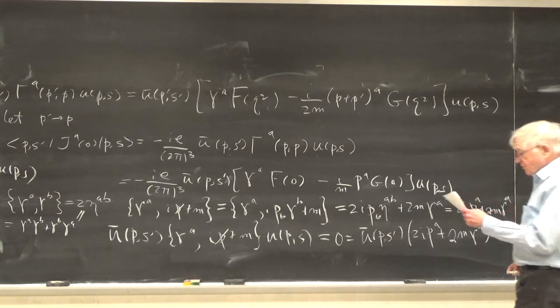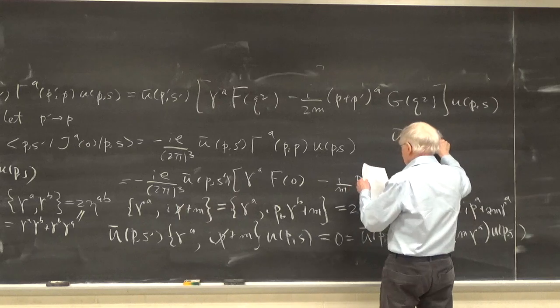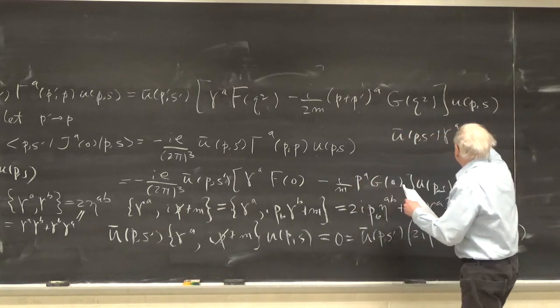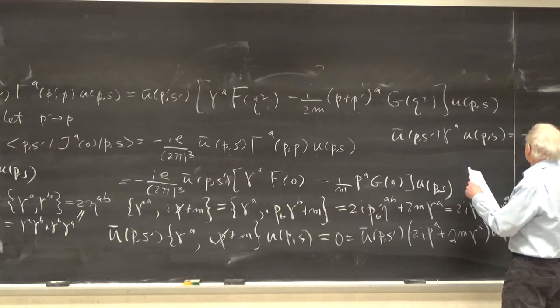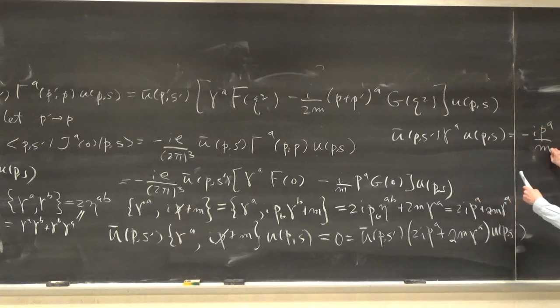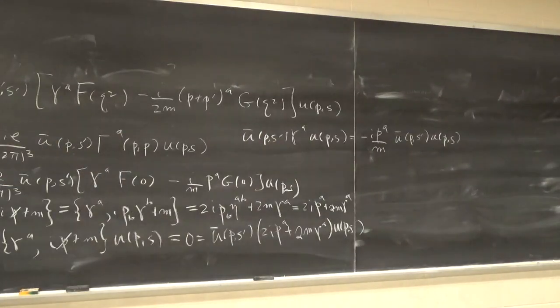Combining these two, we get another relation: U bar of P S prime gamma A U of P and S is minus I PA over M times U bar of P S prime U of P and S. Now, there's probably a clever way of evaluating that inner product of spinors.